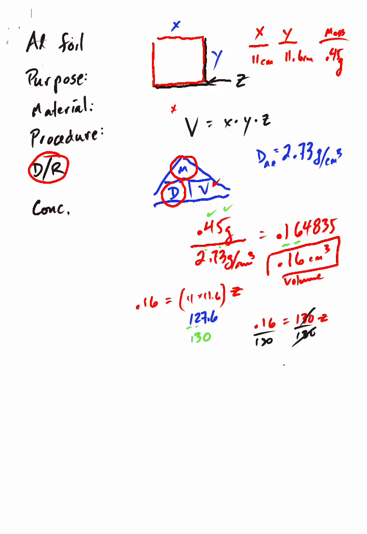This is gone, and whatever our result here is will be our thickness. So 0.16 divided by 130, and this is 0.00123. I'm only allowed to say 2 sig figs because of this.